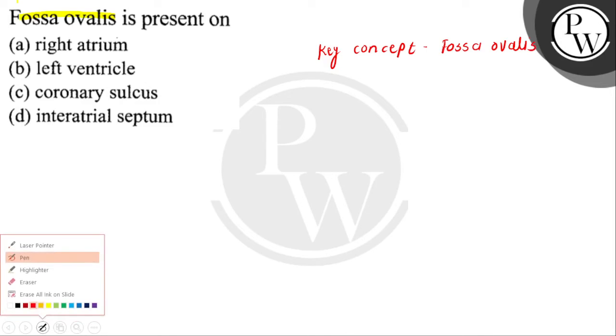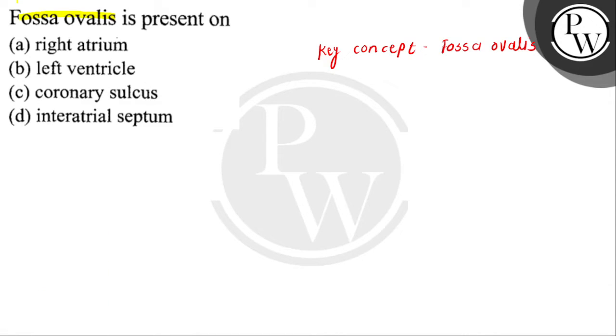Now the heart, as you know, has four chambers. The upper two chambers are called the auricles, or atria, and the lower chambers are called the ventricles.